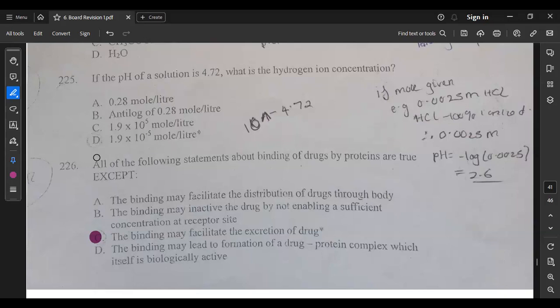So generally they'll increase the concentration of the drug present within the body, and therefore increase its biological activity.